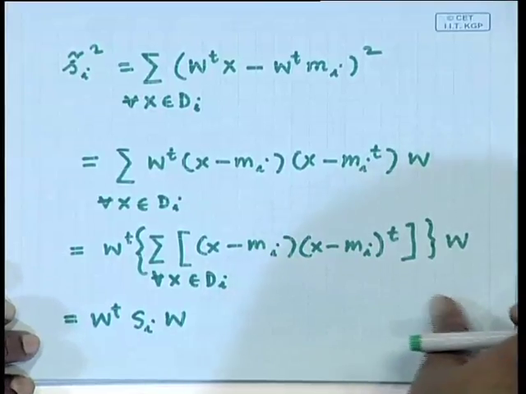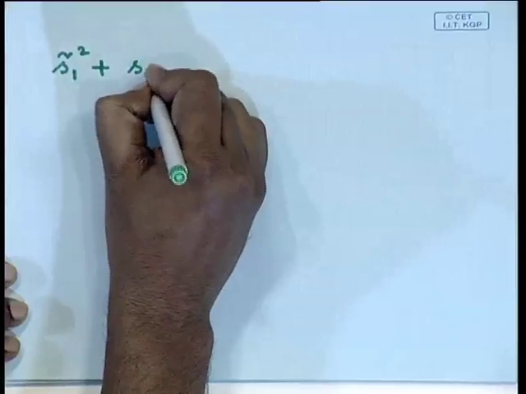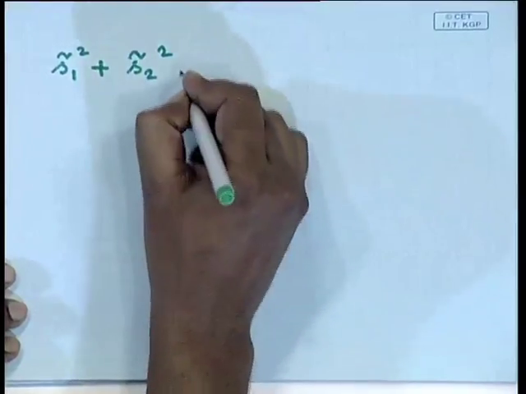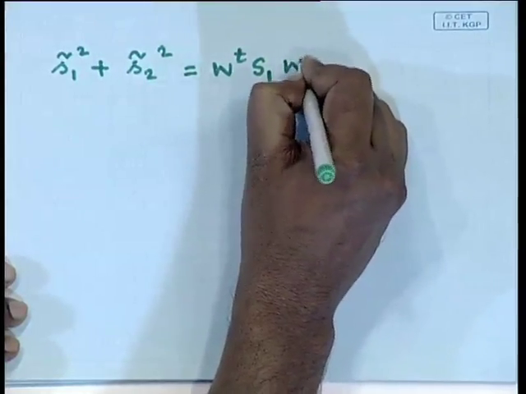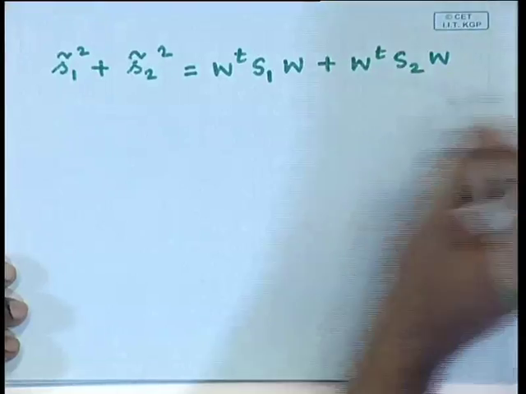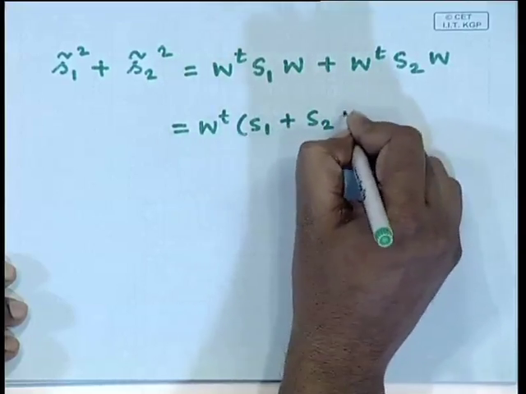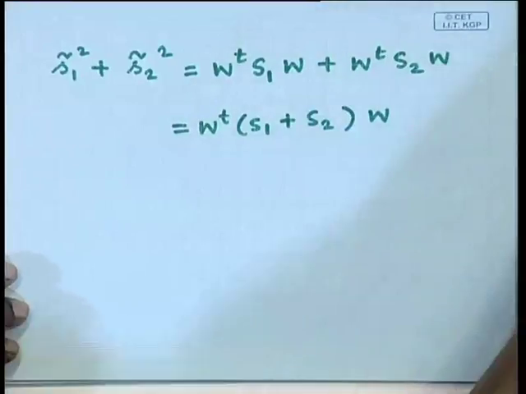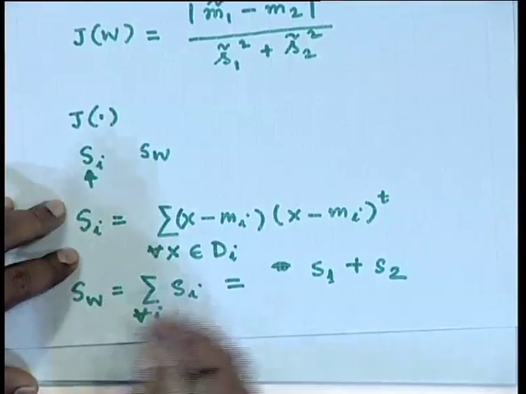Okay. So, the sum of these scatters over the two classes, that is S_1 tilde square plus S_2 tilde square, will be simply W transpose S_1 W plus W transpose S_2 W, which is nothing but W transpose (S_1 plus S_2) W. And S_1 plus S_2, as we have already defined, is the total within class scatter, S_W.